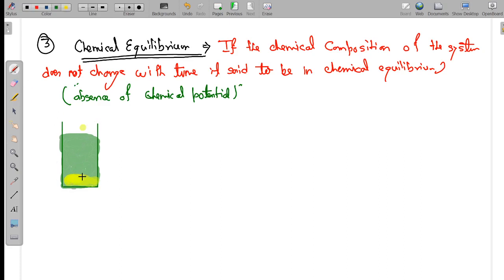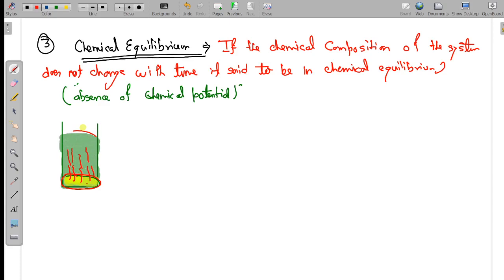But slowly, in this part, the concentration of sugar is higher as compared to water, or as compared to other positions or locations. So slowly, the diffusion of that sugar will start, and it will get mixed into the whole water.